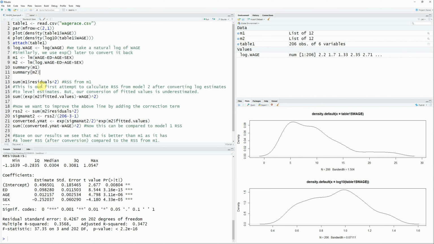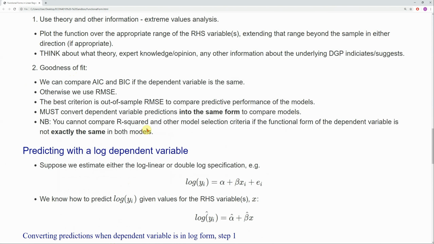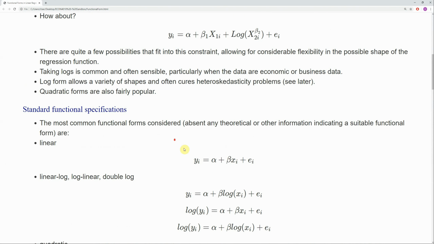Now for model 1, I can get the residual sum of squares to see what the residuals would be. When I have a simple model of y equals alpha plus beta x_i plus e_i, my residuals would be y_i hat minus y_i, which are estimates for these error terms.